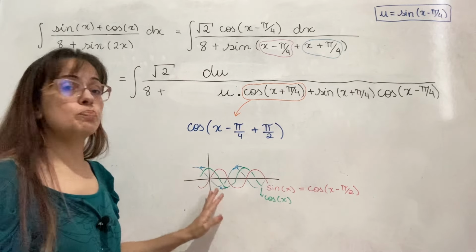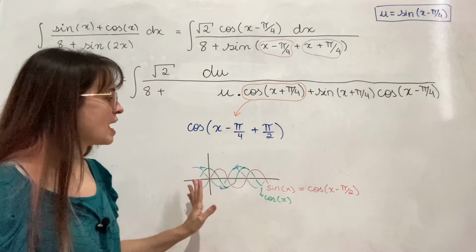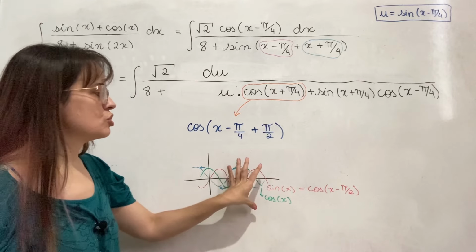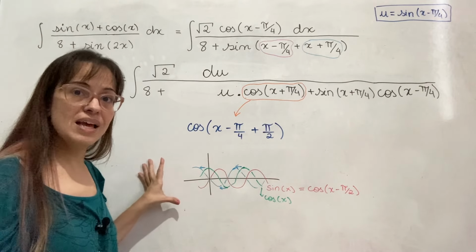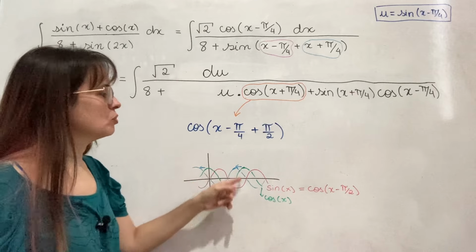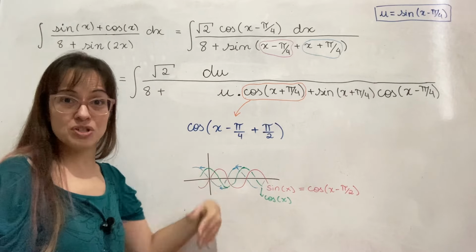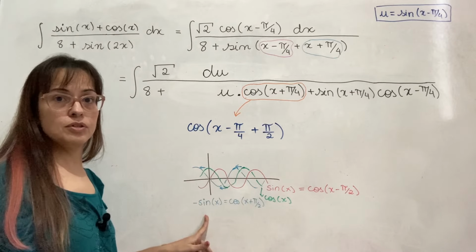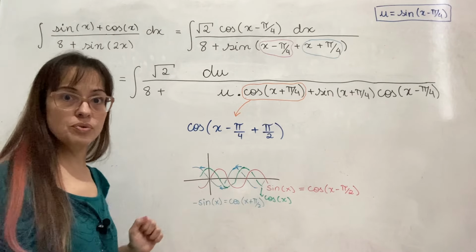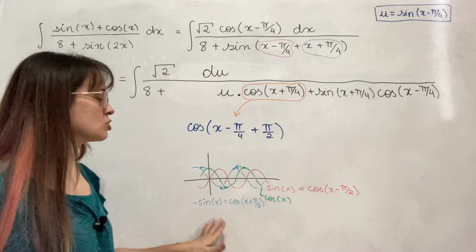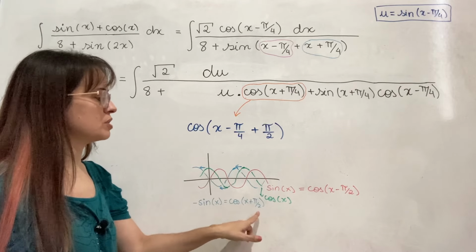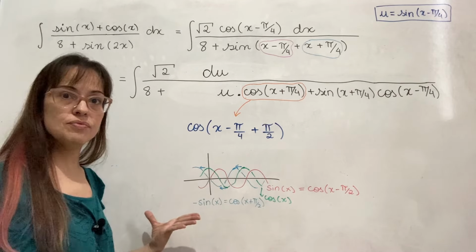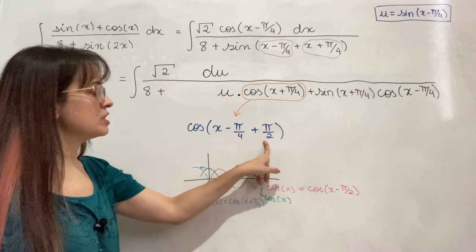So we should look at this blue function here, is what happens when the cosine is shifted pi over 2 to the left. And notice that the blue function is just the red function upside down, which means that it is minus sine of x, so vertical reflection. So minus sine of x is what happens to cosine of x when it is translated pi over 2 to the left, which is what's happening here.